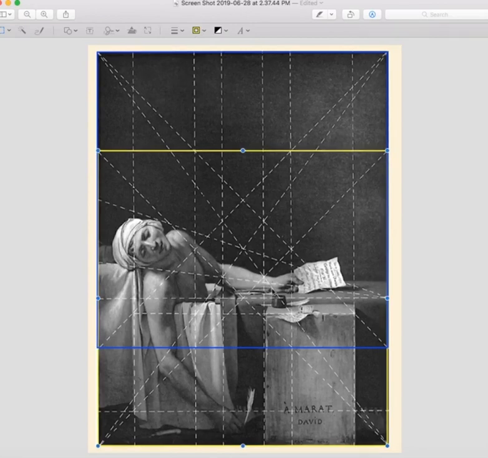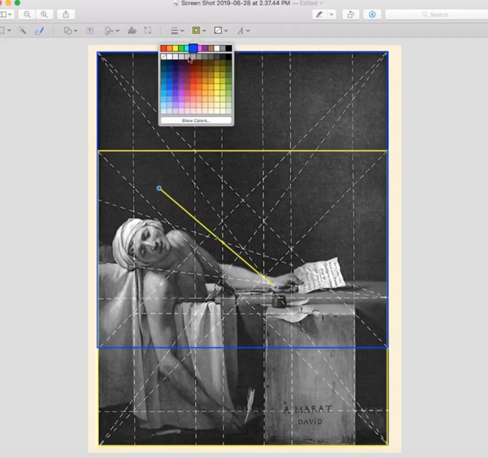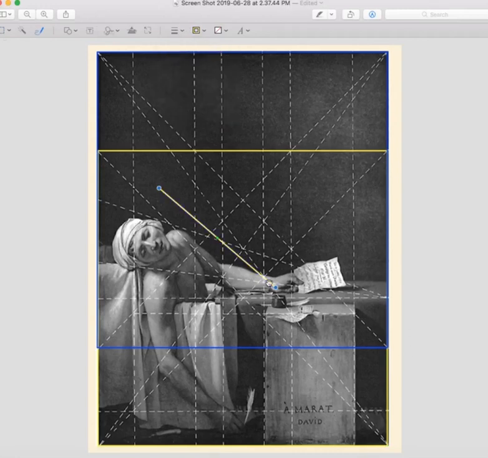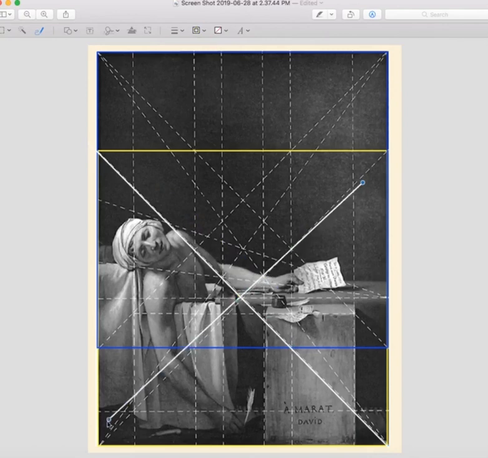Now I'm going to draw the diagonal lines of that square. Let me change this to white. I'm going to draw the diagonal lines of the bottom square. You can see when I'm doing this, it's tracing the dashed lines that Boulot has drawn on his analysis of this painting.